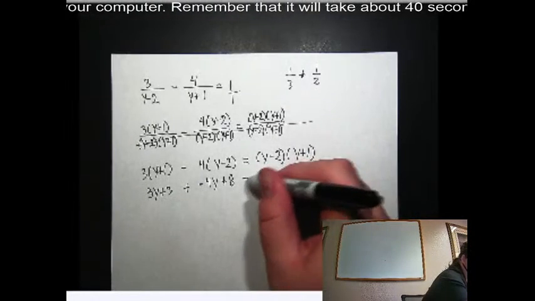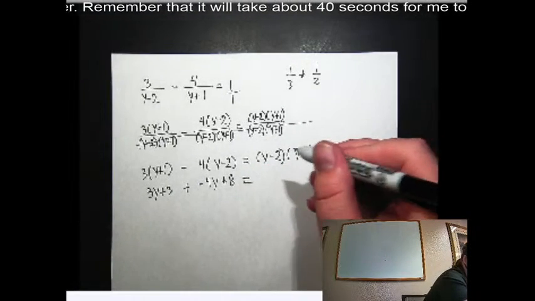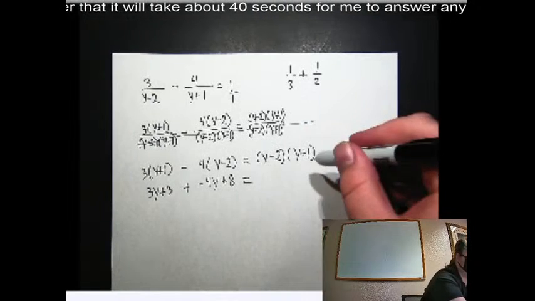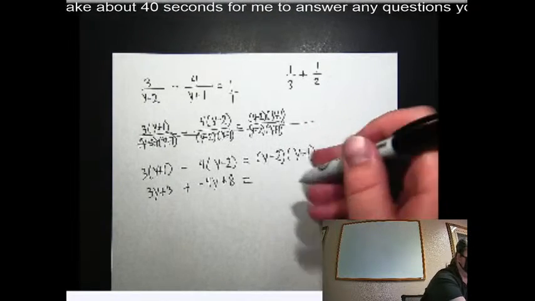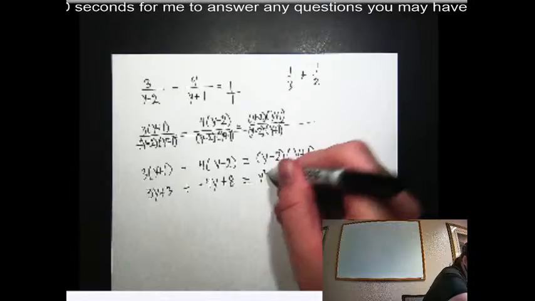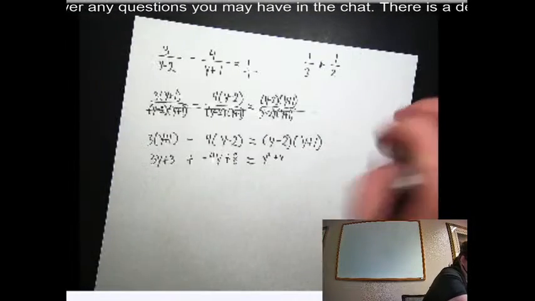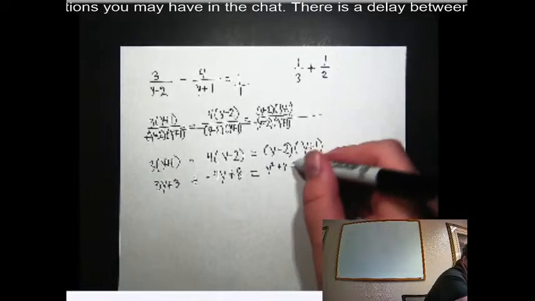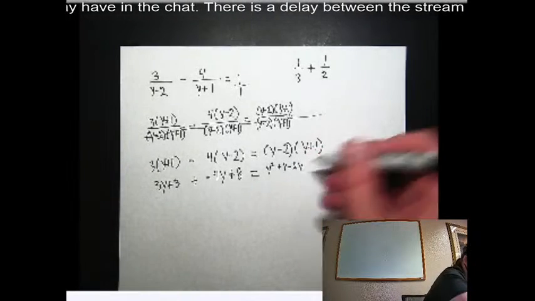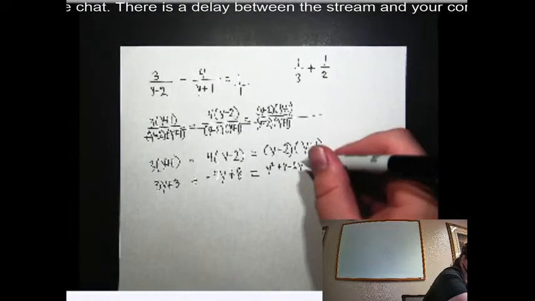All right, equals, let's see, if we multiply these, y times y is y squared, y times 1 is y, negative 2 times y is negative 2y, and then negative 2 times 1 is negative 2.